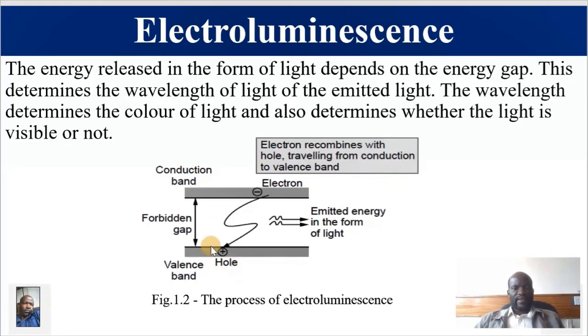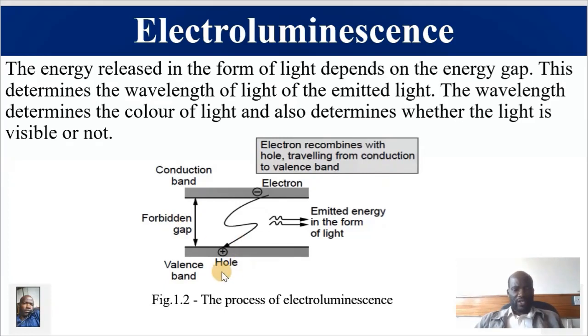So electrons must acquire energy greater than Eg, or the forbidden gap, for them to escape. But for them to fall from the conduction band to the valence band, or for recombination, they must release that acquired energy. And when they release that energy, we are going to have some photons of light being created. And so emitted energy is in the form of light.